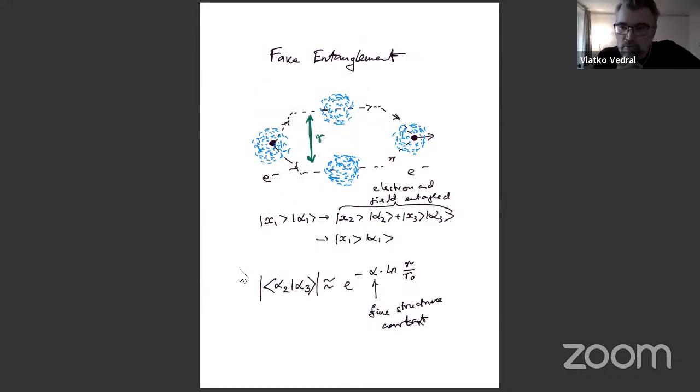Now, what I want to say is, why hasn't this been picked up? And I have a guess to make here, and that's kind of what I want to conclude with. And I will conclude with an explanation. Why haven't people noticed that there is an entanglement between the charge and the scalar part of the electromagnetic field, even in the static case when the charge is in a superposed state?